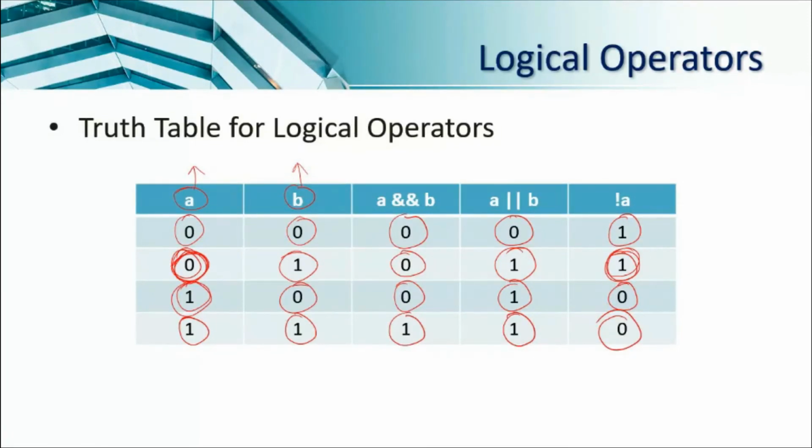If A is false, not A will be true, and if A is true, not A will be false. That is how the logical operators work. In this class, we have seen arithmetic operators, relational operators, as well as logical operators.